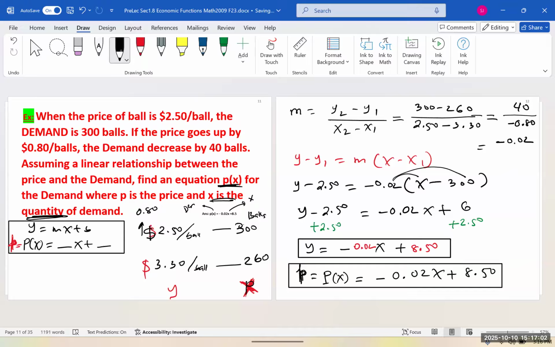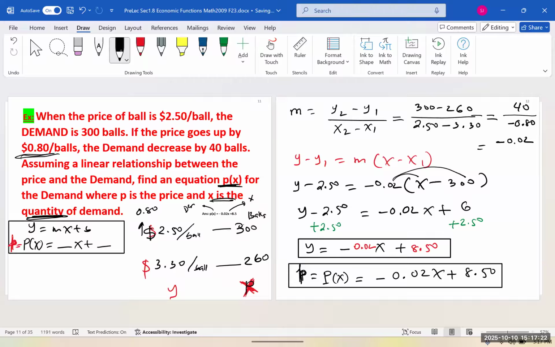Who is lost? Go ahead. 3.30, because the price went up by 80 cents.